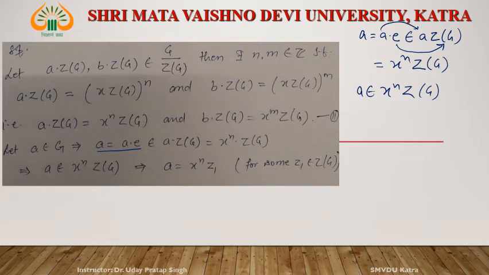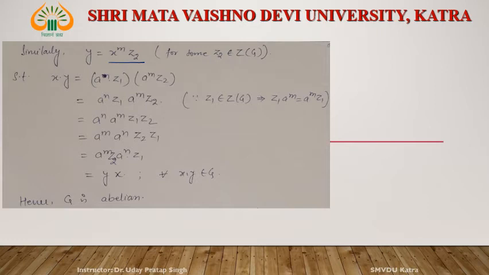This means a is x^n times one element of Z(G), say this is z1. Similarly, b is x^m times one element of Z(G), say z2.